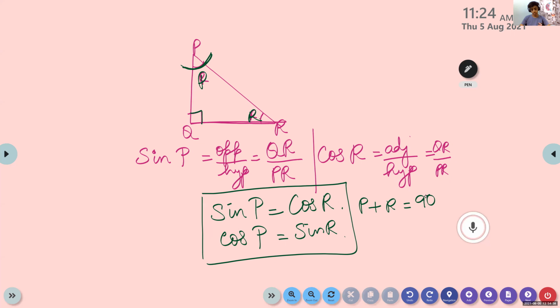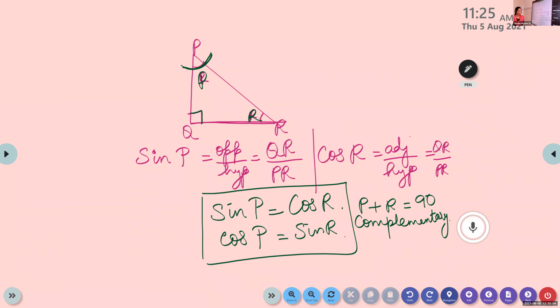P plus R is 90. If the sum of two angles is 90, what can you say about those angles? They are acute, and their sum is 90. They are complementary angles.